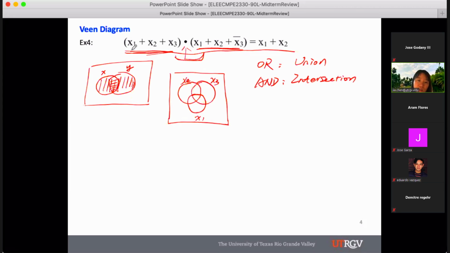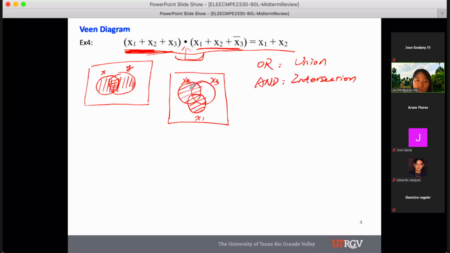Maybe you are not used to 3 variables. We can always do 2 variables at a time. What if I find x1 plus x2? That means I'm going to plot the union of x1 and x2, which is this area.